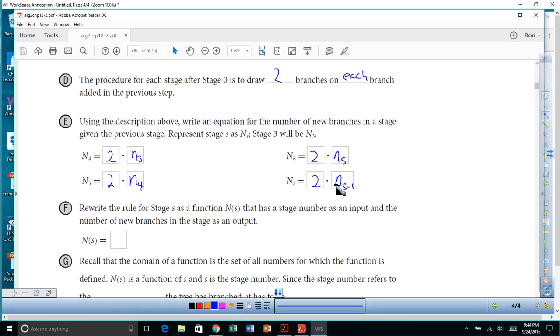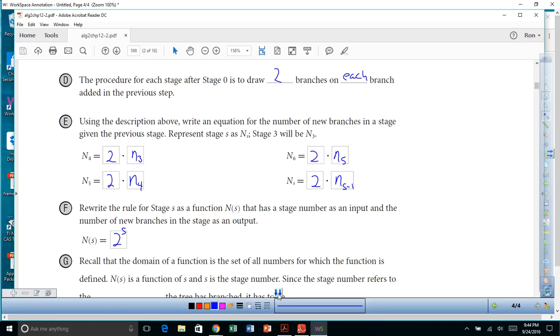Rewrite the rule for stage s as a function of n sub s that has a stage number as an input and the number of branches in the stage as an output. That would be 2 to the s power.